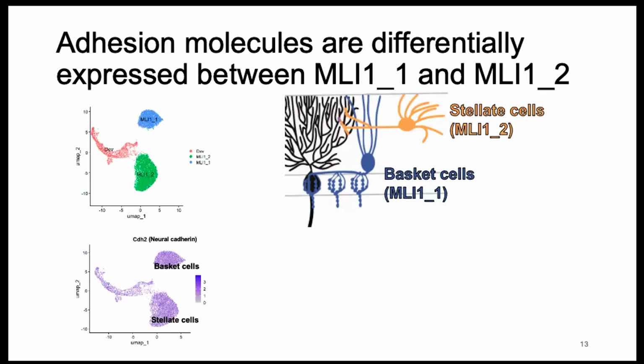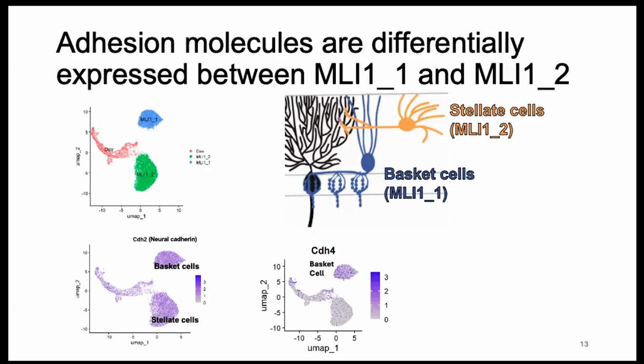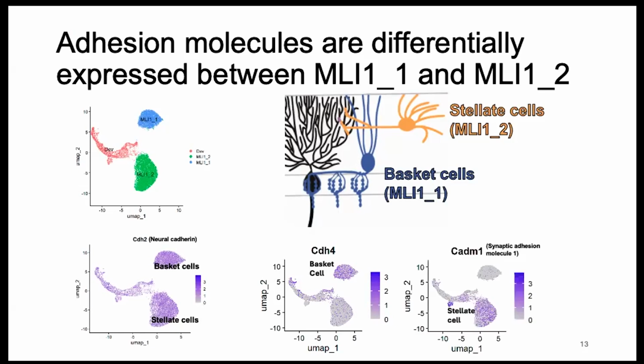But just an example of our profiling goal, here is cadherin 4, which is very clearly expressed in basket cells, but not as highly in stellate cells. And then the synaptic adhesion molecule 1, CADM1, is expressed very clearly in stellate cells, but not in basket cells. This is the thing that we want to do, but at scale.